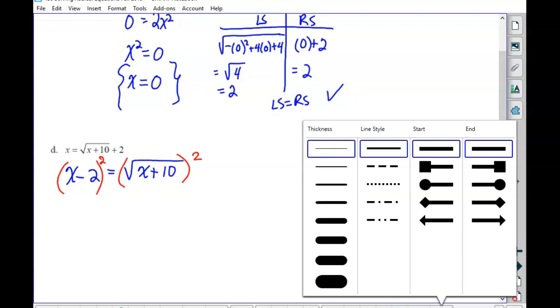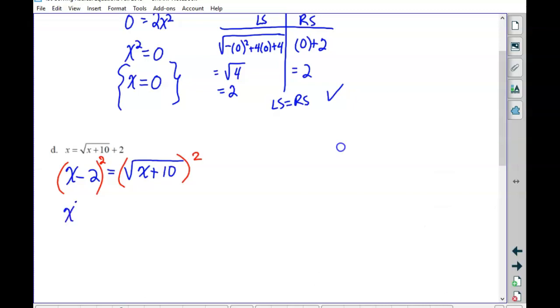So again, squaring this has 3 terms. Squaring the right side, the radical goes away. Now it's a quadratic, so get everything on one side.